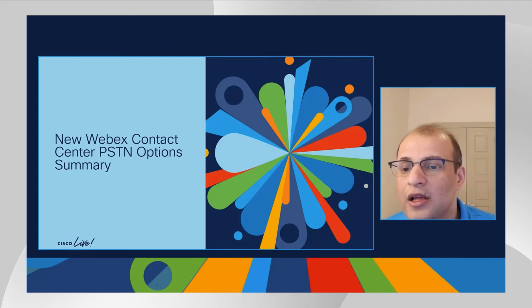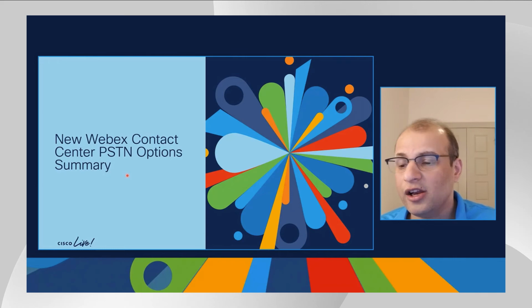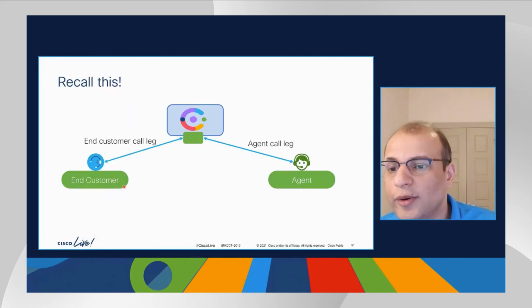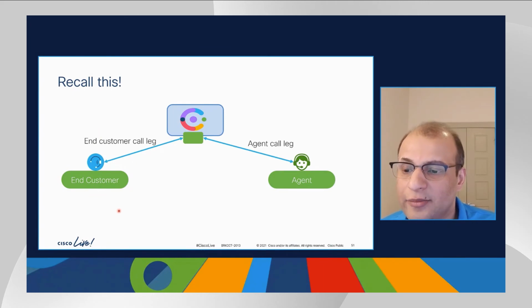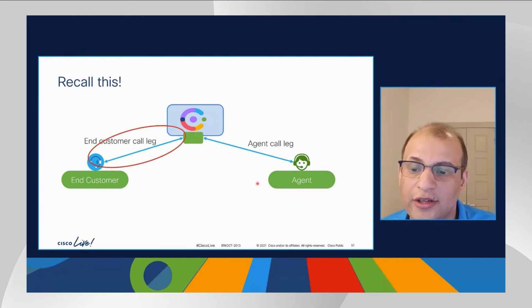Okay. So let's take a look at all these PSTN options when it comes to the new Webex Contact Center. Remember, every call that's answered by an agent is two call legs, right? The call between the end customer and the contact center, and then the contact center and the agent.